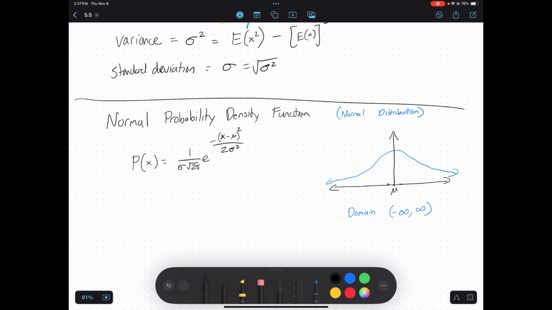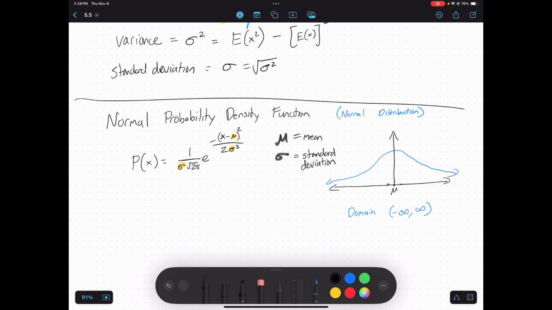Whoa, what an equation. Very complex, depends on a lot of different things. In fact, if you look closely, you'll notice that it depends on the average and it depends on the standard deviation of whatever data set you're working with. So in order to be able to create this equation, you need to know the mean and the standard deviation. But the other thing to realize about this equation is that it's impossible to integrate.